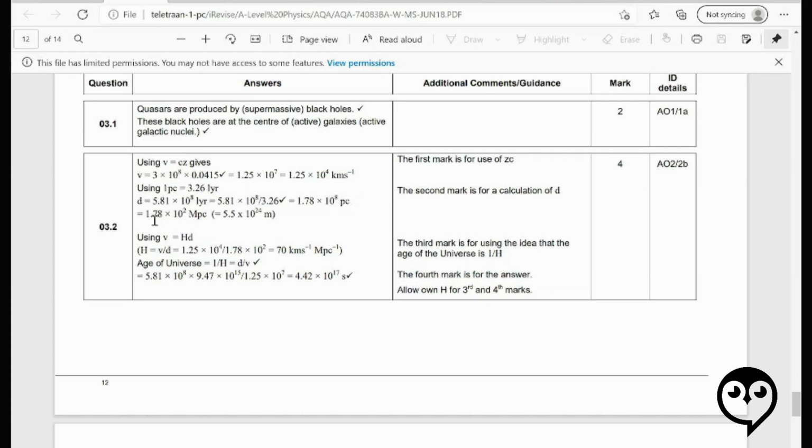I guess you divide the two so you can get their H value, which is 70 kilometers per second per megaparsec. You flip that over, and now they're changing that distance in light years into meters, and they're getting into the seconds.